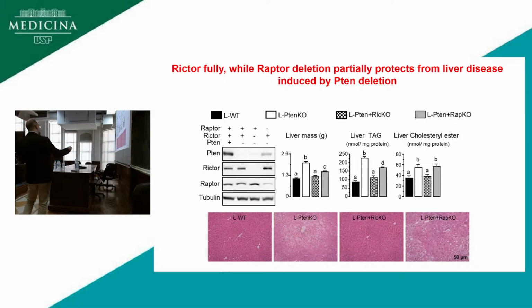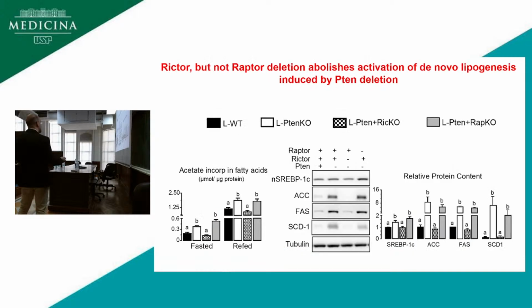We saw a similar phenotype when we measured liver triacylglycerol content, and here we also measured cholesterol ester content. We saw a very strong effect of rictor deletion abolishing the effects of PTEN, but raptor was not able to affect the cholesterol ester content increase induced by PTEN deletion.